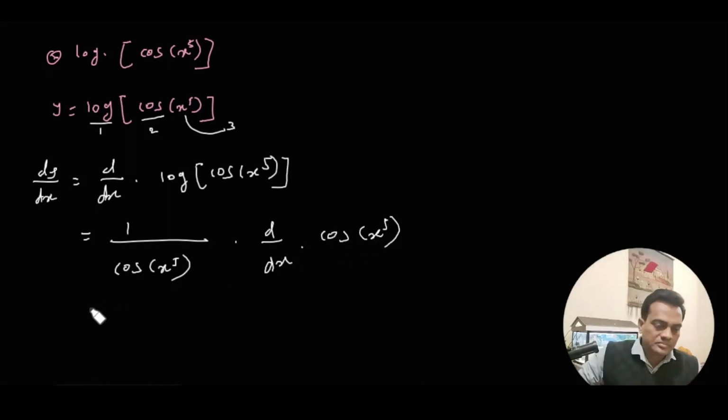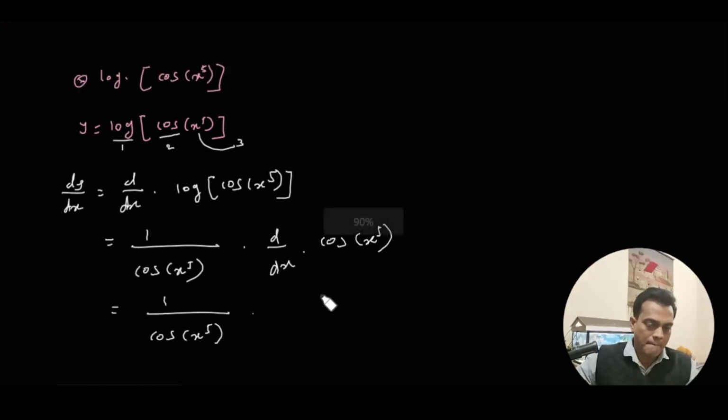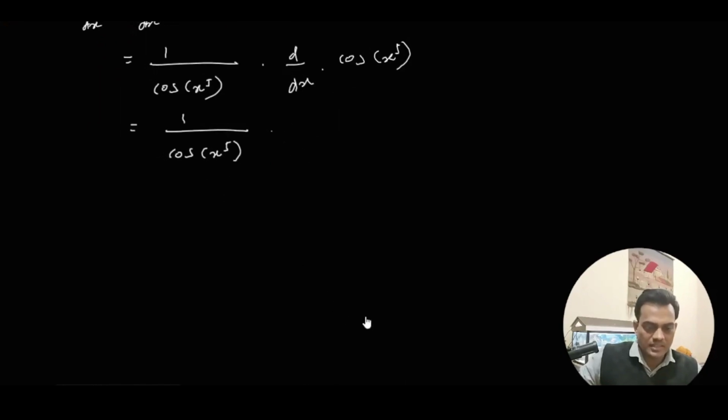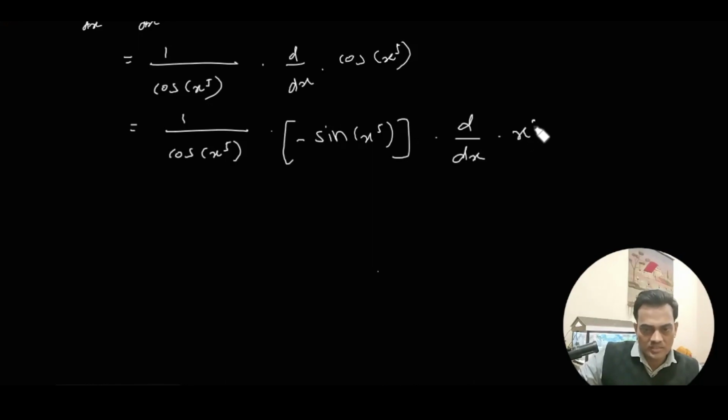Then it is equal to 1 upon cos of x raised to 5. The derivative of cos is minus sine x raised to 5, and again I have to find the derivative of x raised to 5.